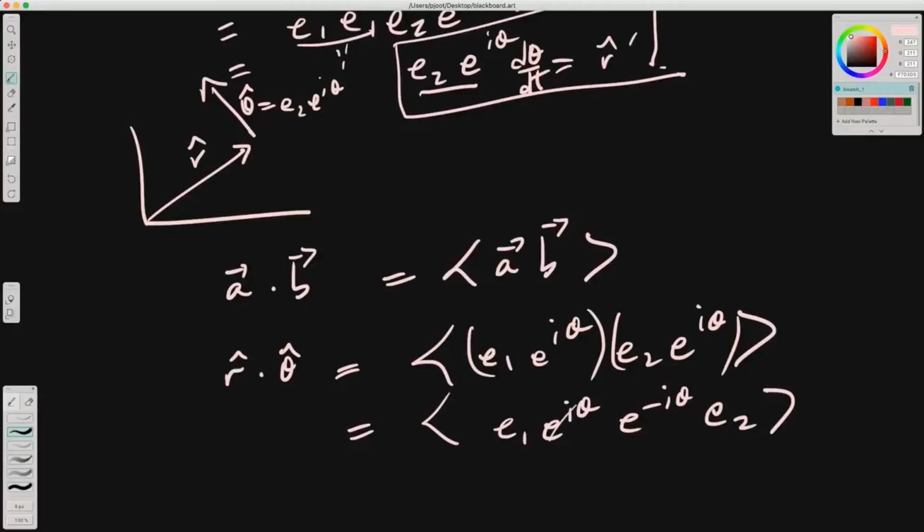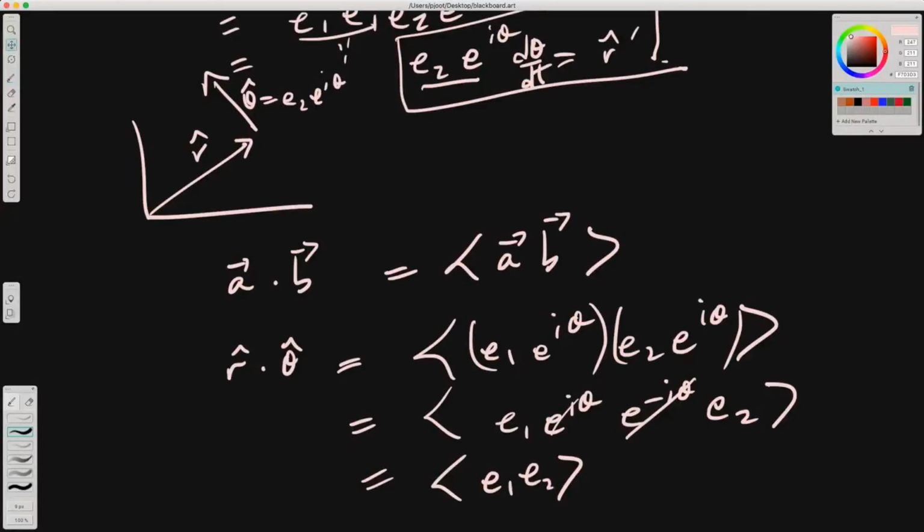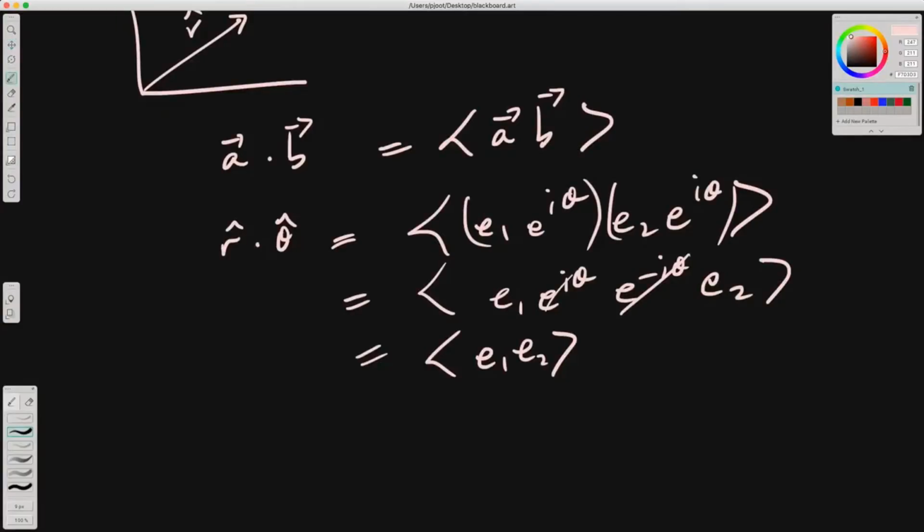Now, these cancel out. We're left with the scalar component of the product e1 e2. Well, e1 e2 is a bivector, and has no scalar component. So that's 0. r hat dot theta hat is 0, just as we'd expect.